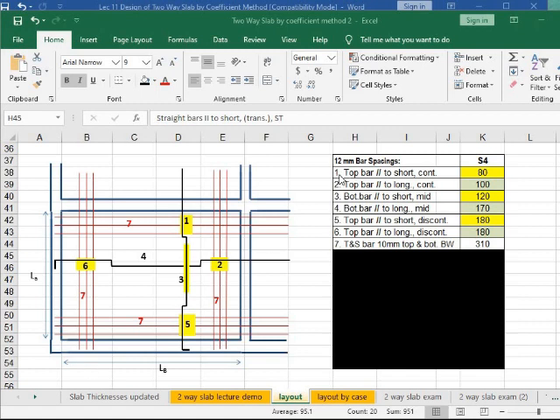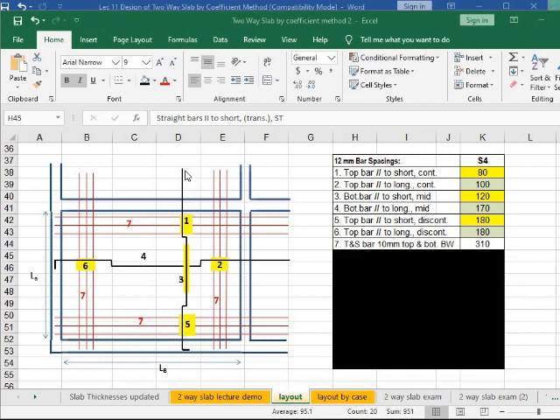Here, the spacing of bar number 1 is 80. These are the top bars resting on the continuous edge. Then bar number 3, the continuation of bar number 1, becomes the bottom bar parallel to the short dimension, at 120. Then its continuation is bar number 5, with a spacing of 180.